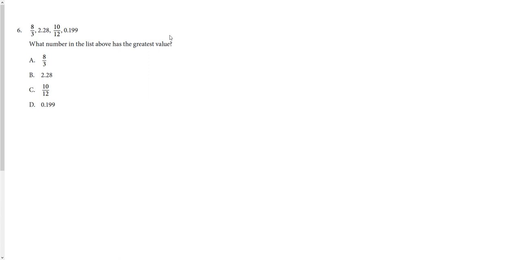So let's check out 8 over 3. And to make that a decimal, we're going to have to do 3 into 8. And 3 goes in 8 2 times. 2 times 3, we get 6. Now we want to continue dividing, but we're out of numbers.